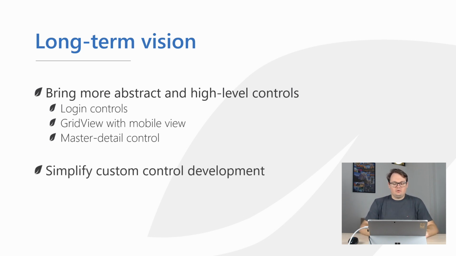And also an area that is quite interesting is custom control development, because we realize that building custom controls in .vvm is not as easy as it could be, and there is a lot of things you need to do. Also writing custom knockout binding handlers, or even rendering the HTML.